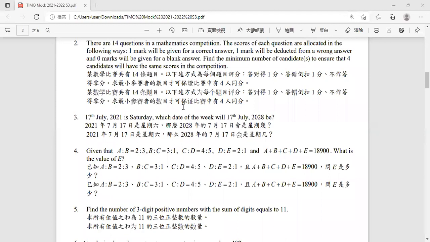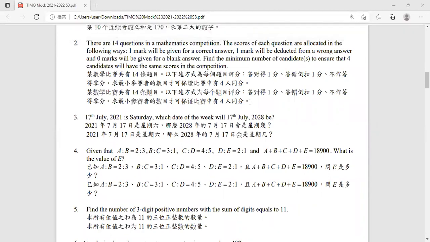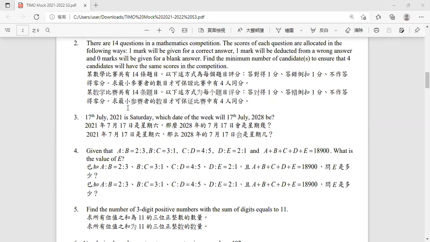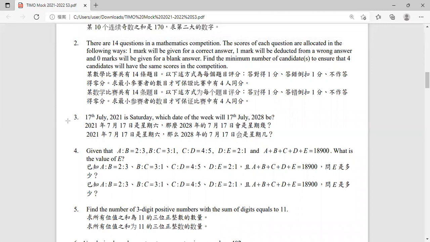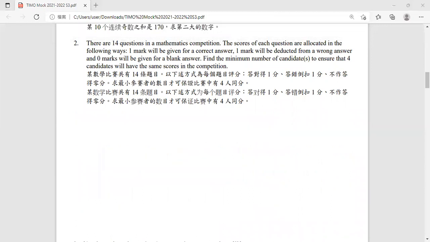Now we have to know how many total results there are in this question. Because there are 40 questions, what is the range of marks you can get?